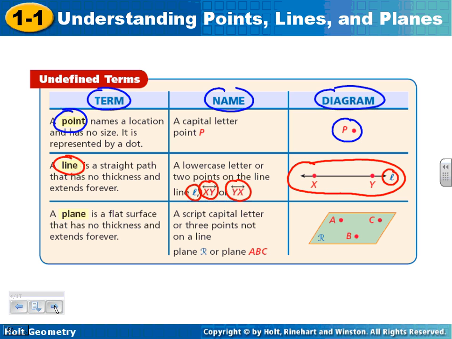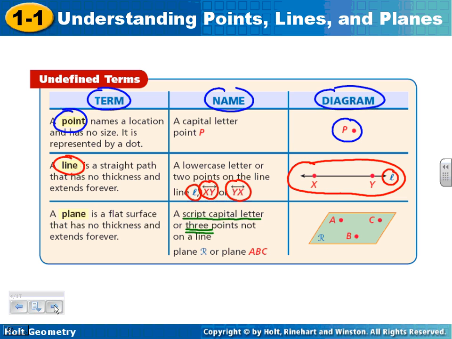The third one is a plane. A plane is a flat surface that has no thickness and extends forever. A plane is a flat surface. So think of it like in our classroom, the floor. The floor that we walk on is a plane. Don't confuse this with an airplane. Not the same thing. How do we name it? 2 ways. A script capital letter or 3 points.